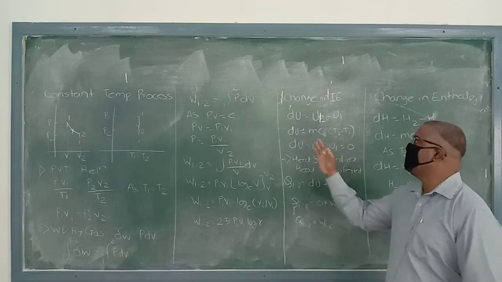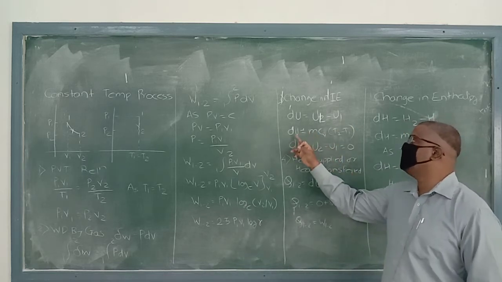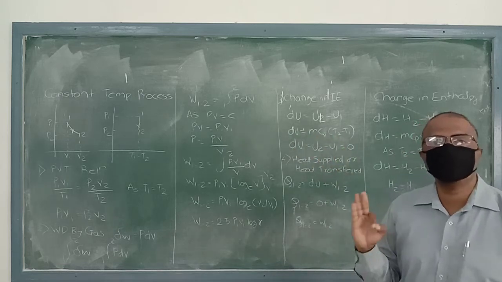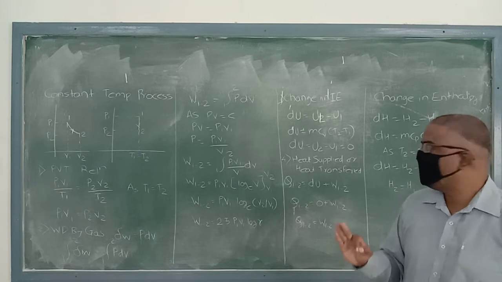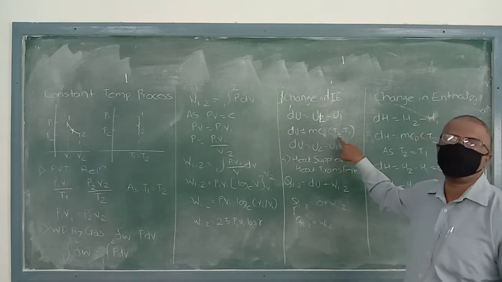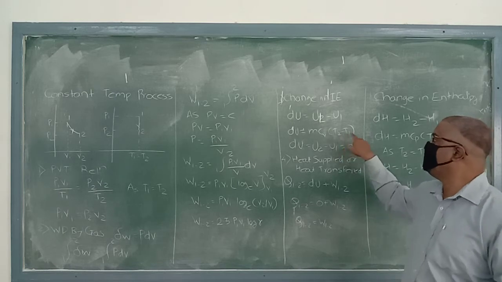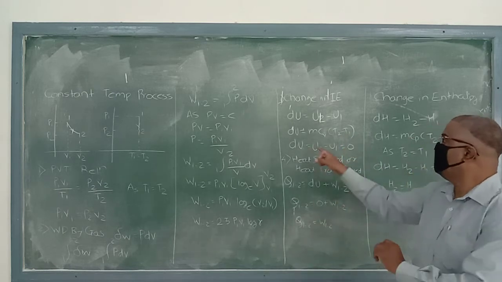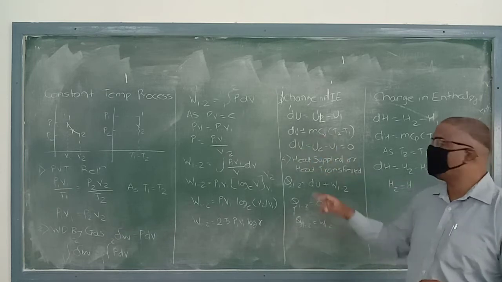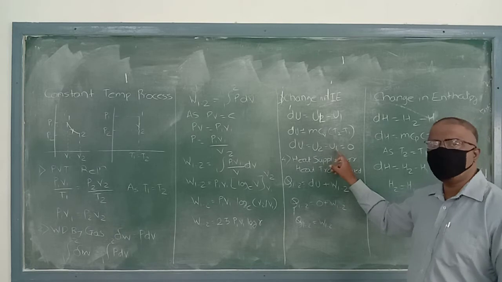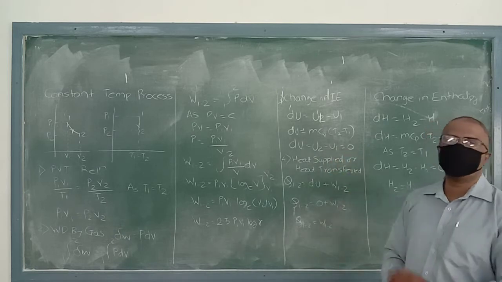Here we are substituting our equation, dU is equal to mCv (T2 minus T1). As the temperature is constant, T2 minus T1 is equal to 0. So dU becomes 0.